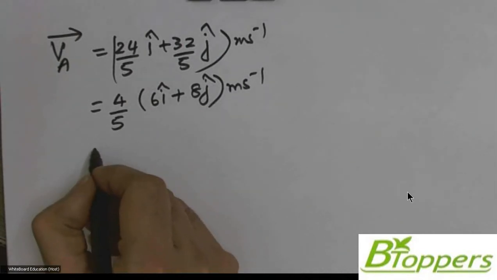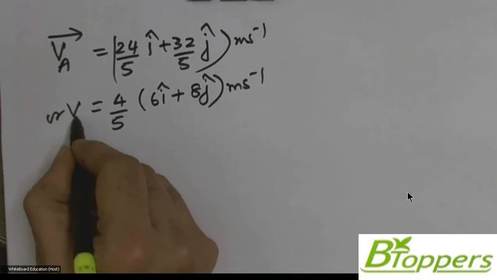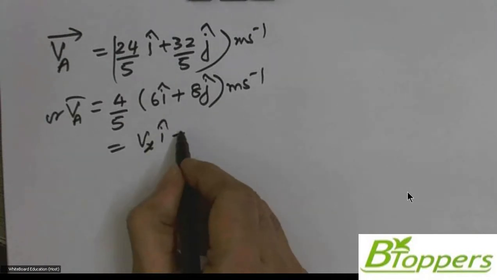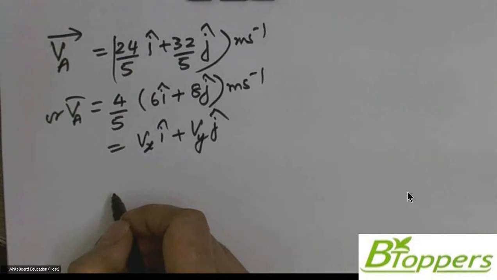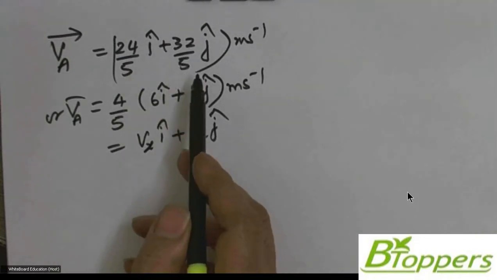This you can write in the form Vx into i cap plus Vy into j cap. Here Vx equal to 24 by 5 meter per second, Vy equal to 32 by 5 meter per second.